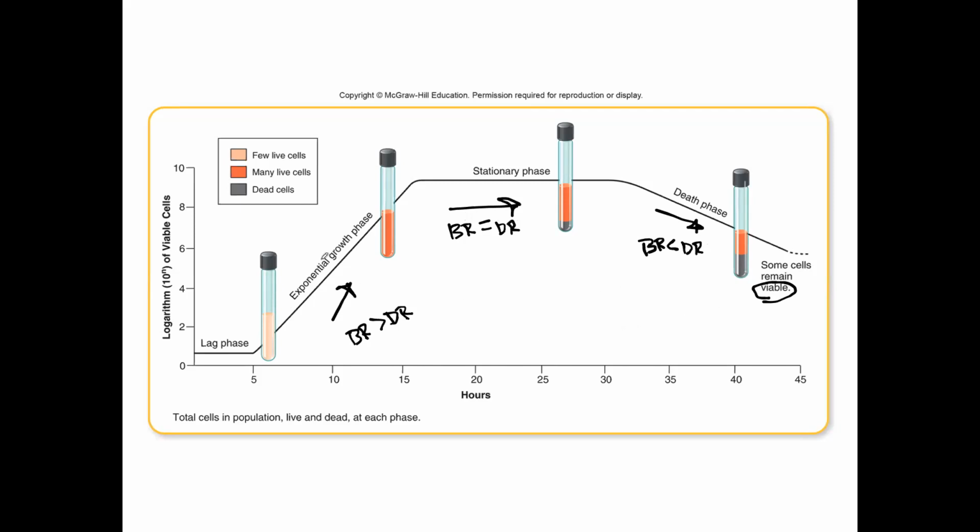The whole time, you're depleting nutrients and generating waste. So that's what a growth curve would look like. This is a log axis here, and this is a regular axis. This is time.